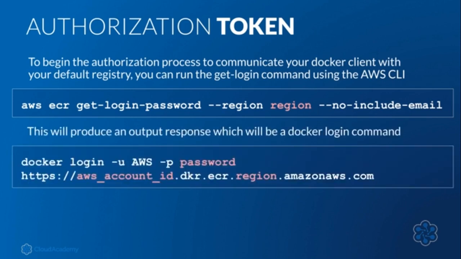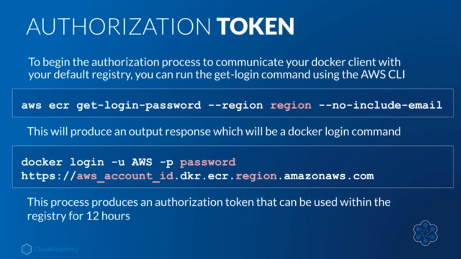This will then produce an output response, which will be a Docker login command. You must then copy this command and paste it into your Docker terminal, which will then authenticate your client and associated Docker CLI to your default registry. This process produces an authorization token that can be used within the registry for 12 hours, at which point you will need to re-authenticate by following the same process.